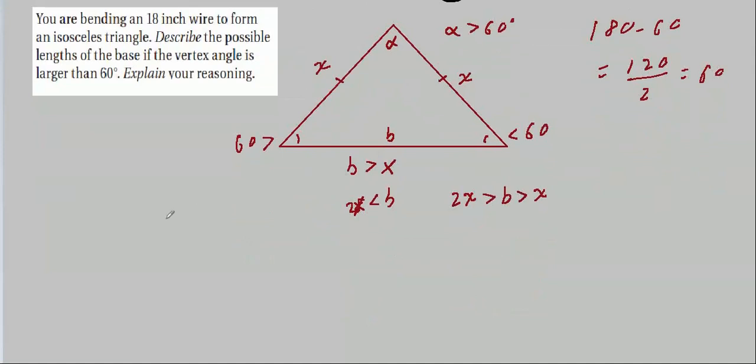The perimeter is equal to x plus x, that's these two sides, plus, we know this is bigger than x, so we'll say x plus some little number that we don't know yet. This number is positive. Let's call it delta. So what we have here equals 3x plus delta.